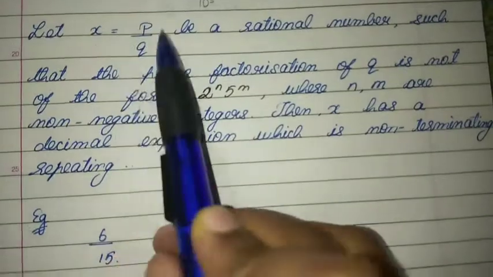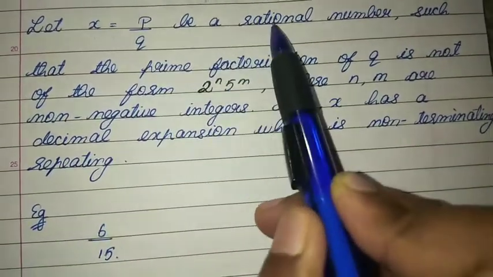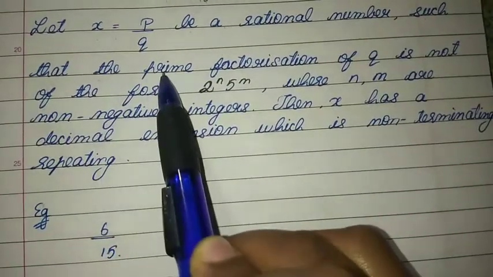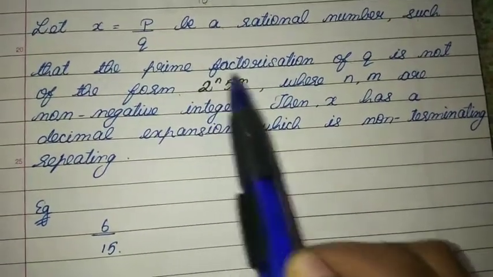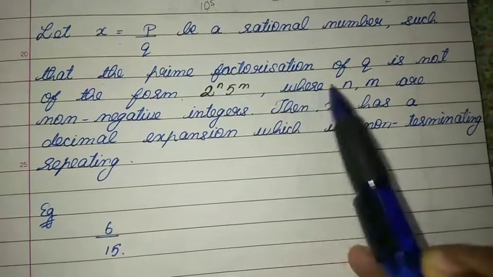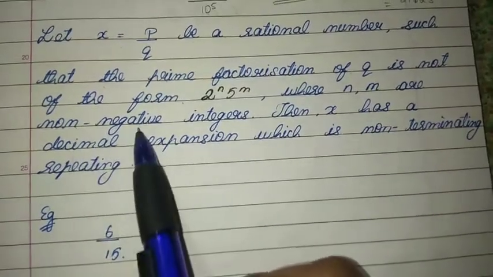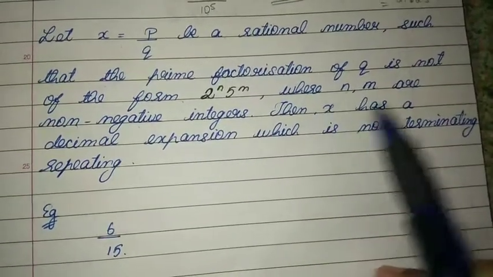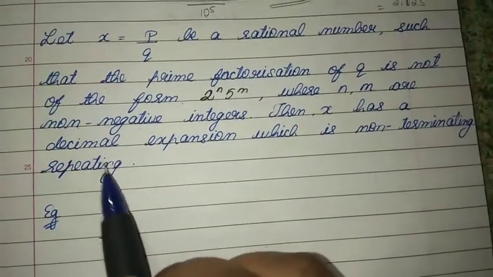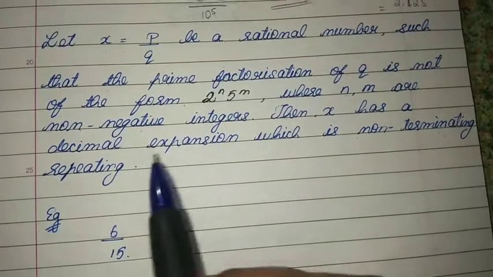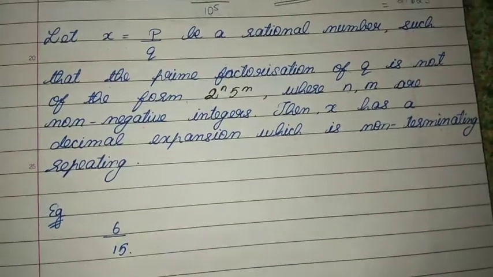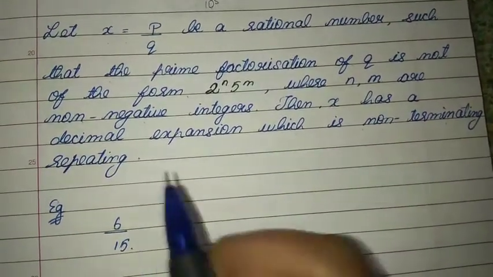Let x equal p by q be a rational number such that the prime factorization of q is not of the form 2 power n 5 power m, where n and m are non-negative integers. Then x has a decimal expansion which is non-terminating, repeating. Non-terminating means not stopping, and it is repeating.